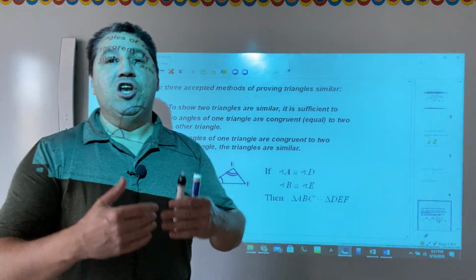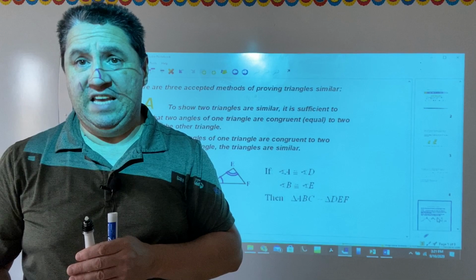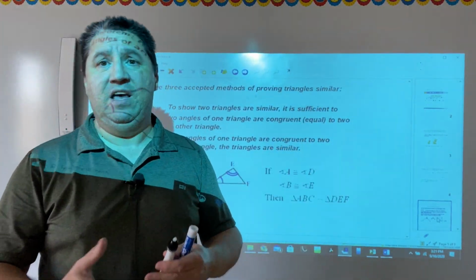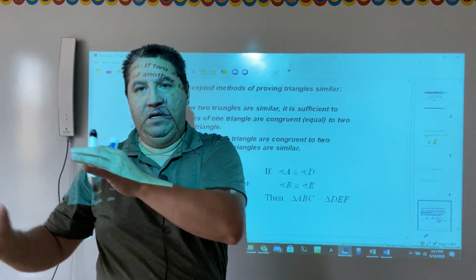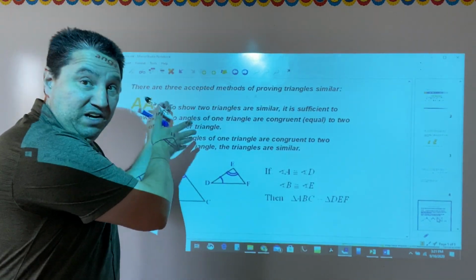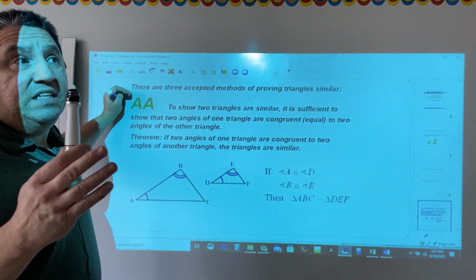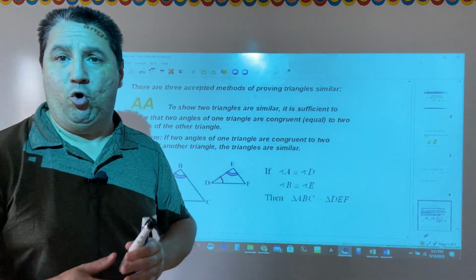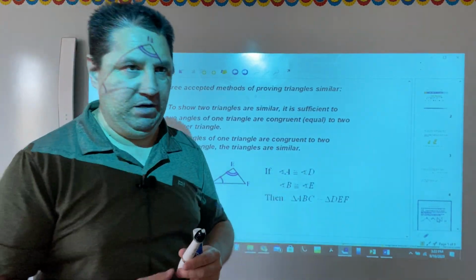Remember, in order to prove two triangles are congruent, it's not necessary to prove all corresponding parts are congruent, just a combination of parts. So we have something similar here for similarity. In other words, there are this time 3 accepted methods or cases for proving triangles are similar.